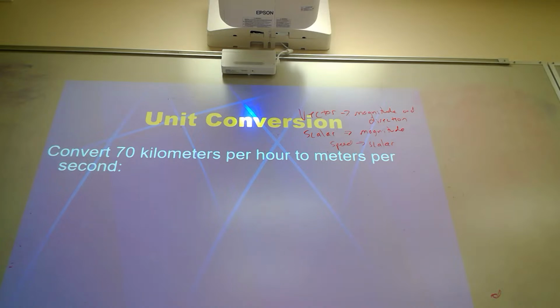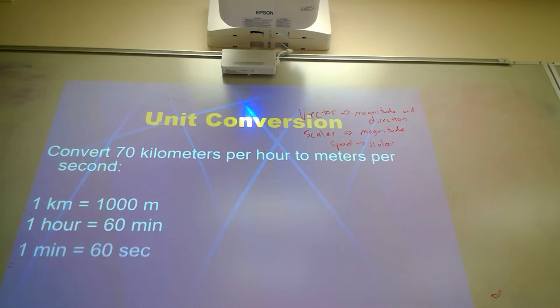Okay, so there's 1,000 meters in a kilometer. So the first step is to put 1,000 meters in a kilometer. And then you can go hours to minutes and minutes to seconds, or you can just go hours to seconds, just faster. 1 hour is 60 minutes, 1 minute is 60 seconds. But I had you do it with just 3,600 seconds in an hour.